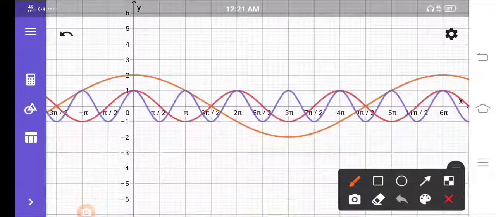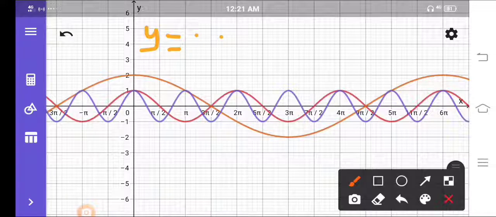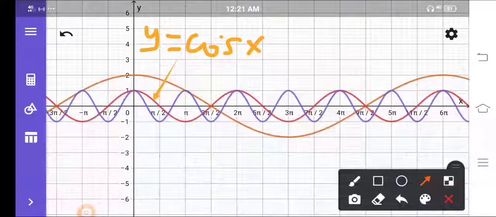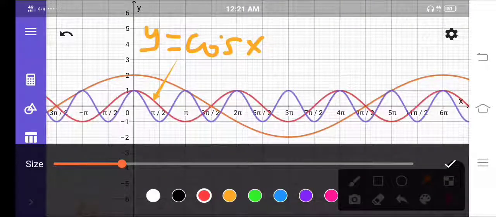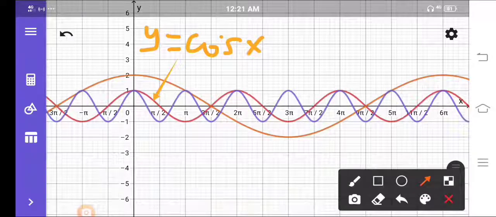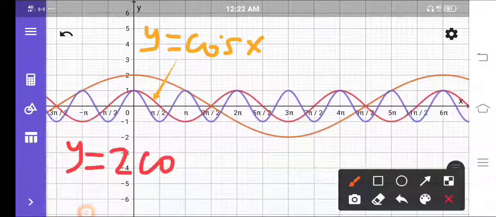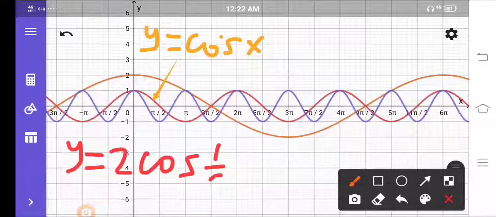So the original graph y is equal to cosine x. The original graph is this one. The other graph, the larger one, is y is equal to 2 cosine 1 over 3x.